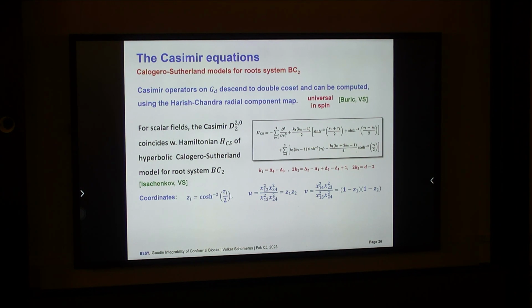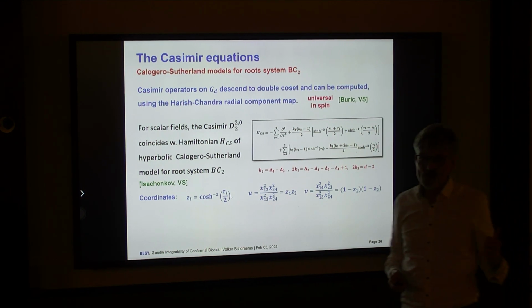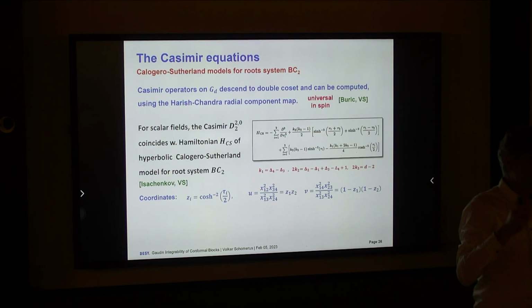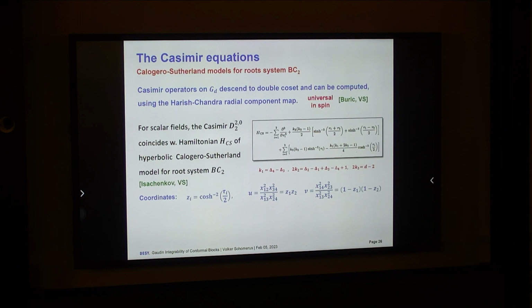So you expect to get functions in 1 variable in the end. You take your Laplace operator, which is a 2nd order operator in 3 variables, and set some of the derivatives to constants, and you get a 2nd order differential operator in 1 variable. You play a little bit with it, and you see the Pöschl-Teller Hamiltonian, or the A1 or BC1 Trigonometric Calogero-Sutherland Hamiltonian. In fact, the more general case is also easy to compute.